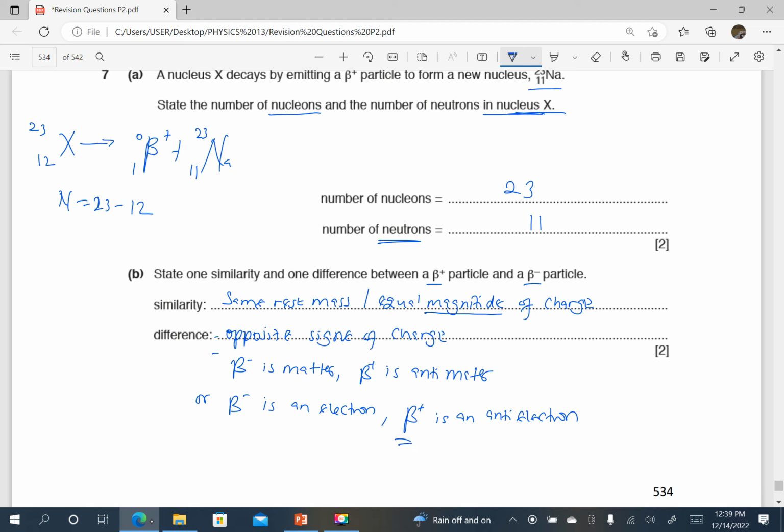So beta plus is an anti-electron, beta minus is electron. For one other similarity, you could say both are fundamental particles. Okay, those are some of the similarities and differences. When you say charge, as a similarity, it should be magnitude. But as a difference, they have opposite signs of charge, even though the magnitude is the same.